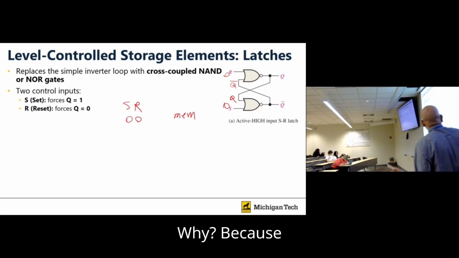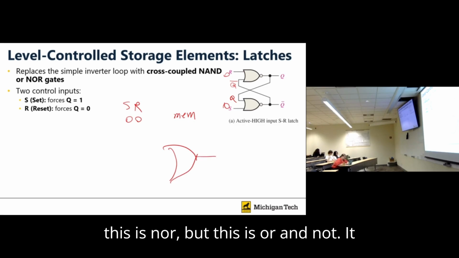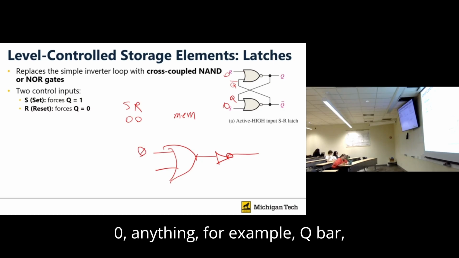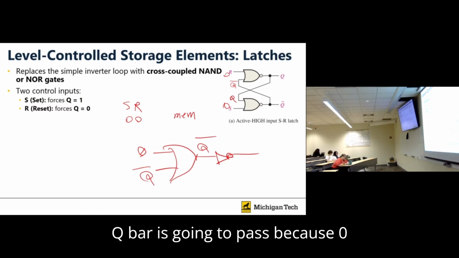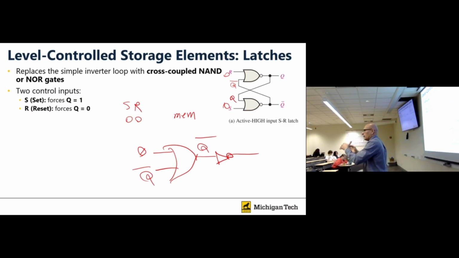So 0 and 0 is memory. Why? This is NOR, but it is OR and NOT. Doesn't matter. If you OR anything with 0, for example, Q bar is going to pass because 0 is not affecting the OR.